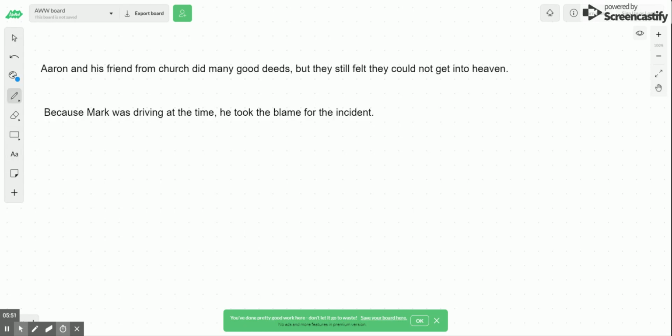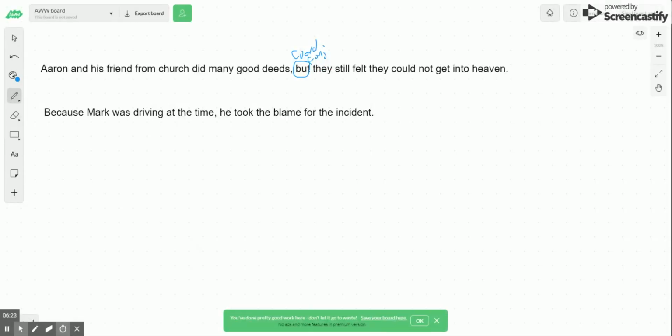Now, both these sentences have adverbs and prepositions in them. We're going to look at this one first. Aaron and his friend from church did many good deeds, but they still felt they could not get into heaven. But is one of our FANBOYS, so that's going to be a coordinating conjunction.